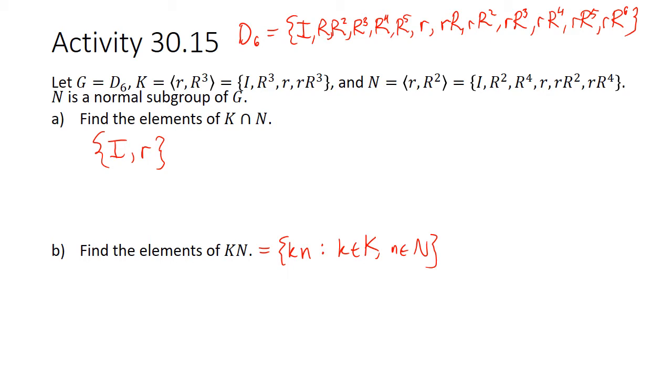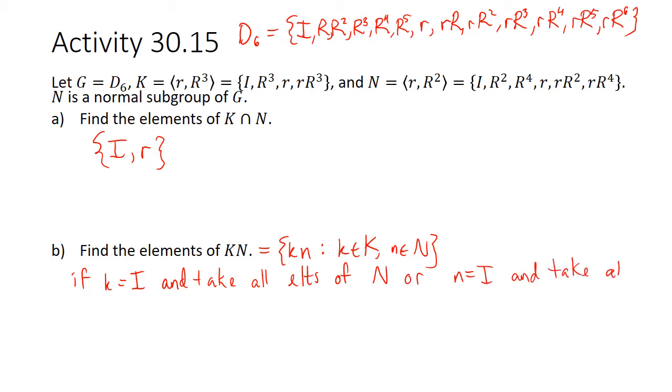For example, if you take little k equals I and take all elements of N, or you take little n equals I and take all elements of K, that gives the following. That would give you everything that's in either one of them.